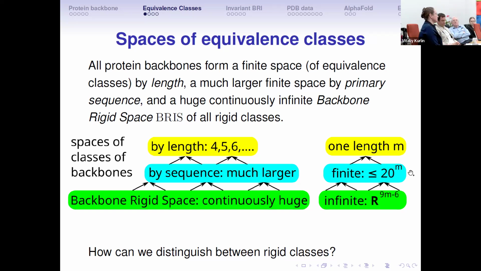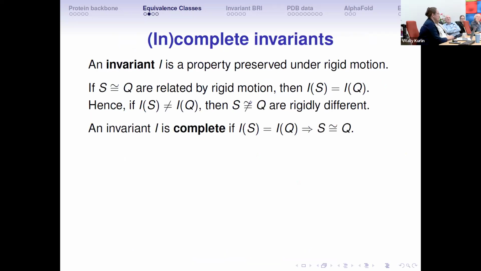It's up to 20 to the power of m. But if we start considering all possible geometric conformations in 3D space, then we are dealing with infinite dimensions. So how can we still distinguish between rigid classes in infinite dimension?